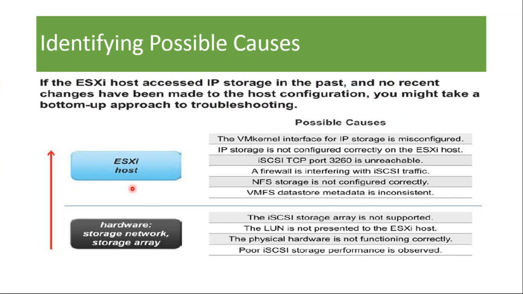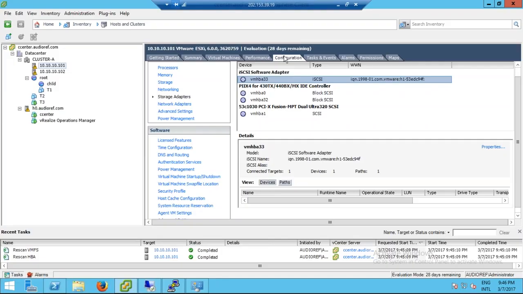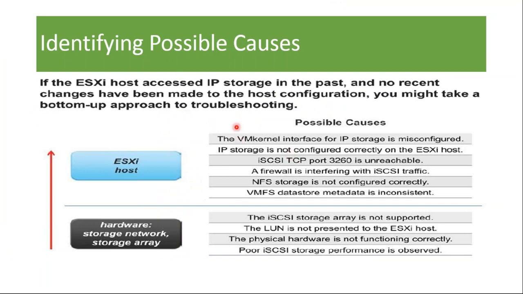It means in your environment, iSCSI is already configured and you have already provisioned some virtual machines. That particular storage or data store was already connected and active for a few days. But all of a sudden today you are not able to access it. In those scenarios you have to use the bottom to up troubleshooting method.